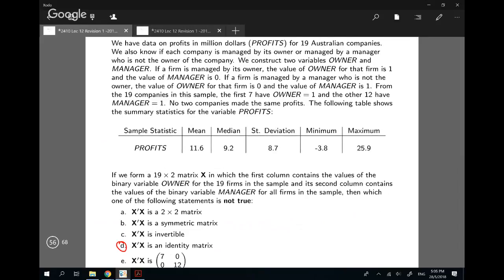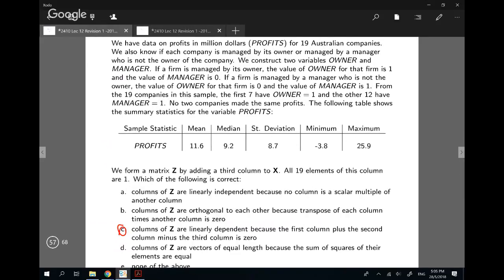So let's see. Linearly dependent because the first column plus the second column minus the third column is 0. All right, C. This is not always the case, though. It is in this case. Why? Because you have a dummy variable, right?